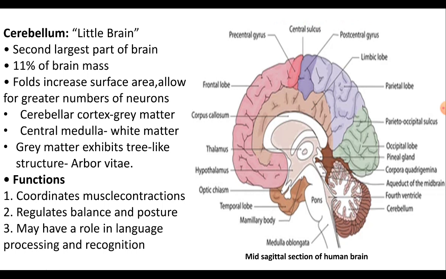When you see the picture, it shows the position of the cerebellum. The cross section of the cerebellum shows 2 distinct regions.